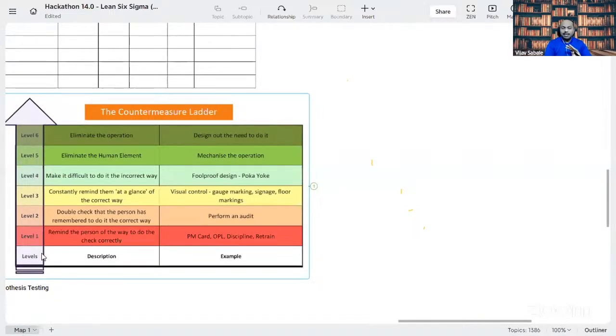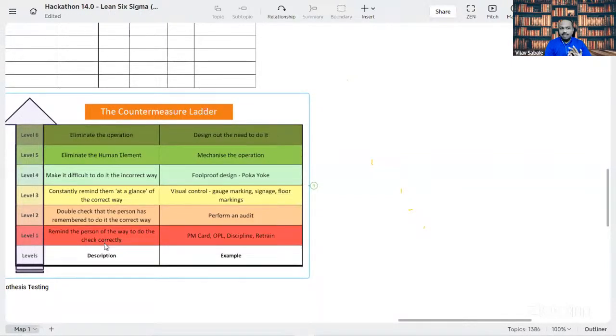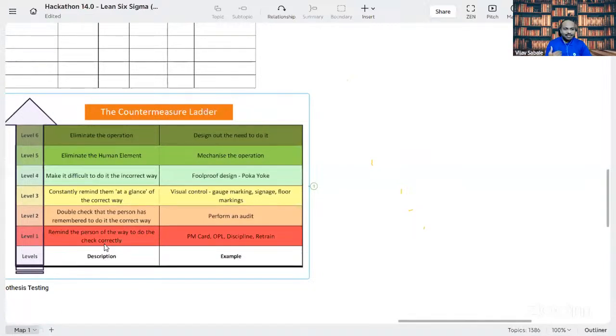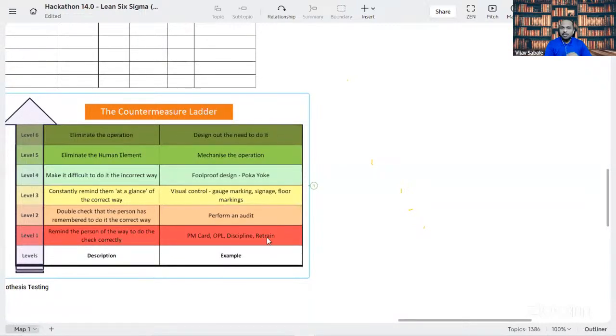What is level 1? Just read the description: remind the person of the way to do the check correctly. That is the countermeasure I can see in many of the root cause analysis formats. They identify the root cause and implement a level 1 countermeasure like PM card, OPL, discipline, retrain, punishment, something like that, right? These are examples of level 1 countermeasures.